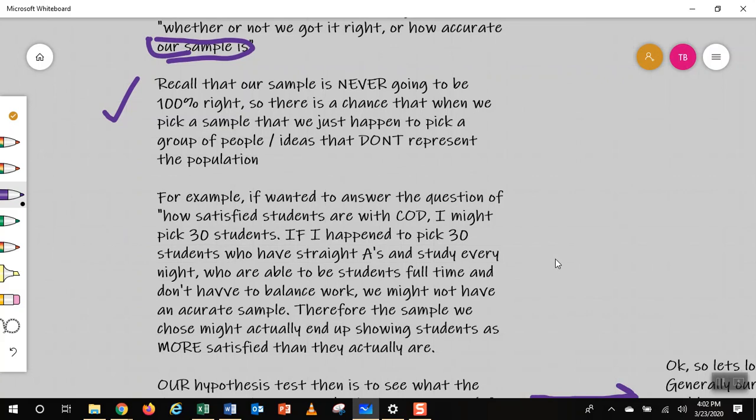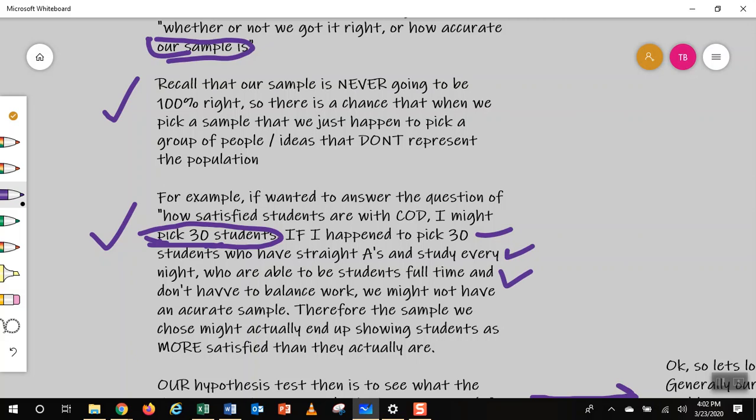Okay, let's go look at this one. Example: in our COD satisfaction project, if we were to ask students how satisfied they are with COD, I might pick 30 students for the survey. But what if I happen to pick the 30 students that had straight A's, who studied every night, who were able to be students full-time, and didn't have to balance their student life with work life?